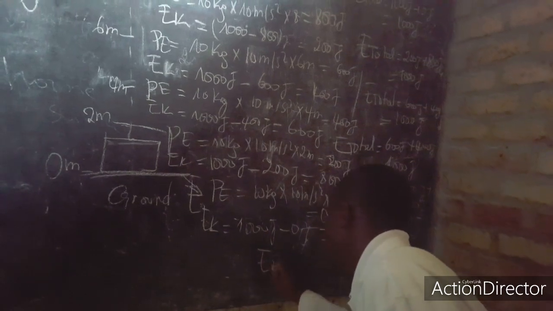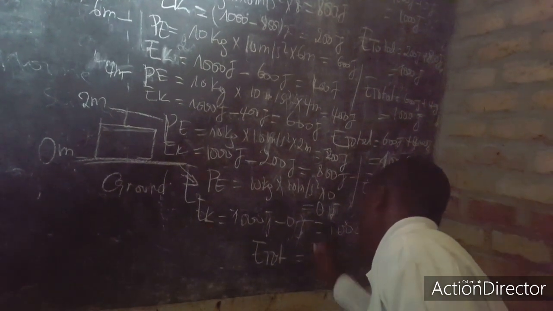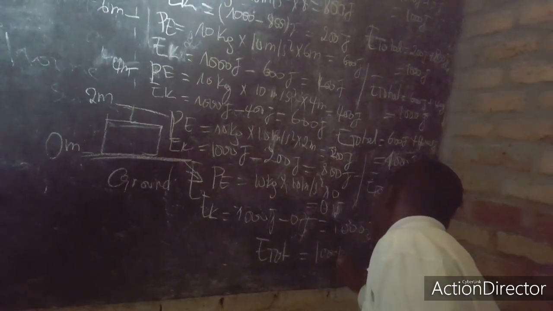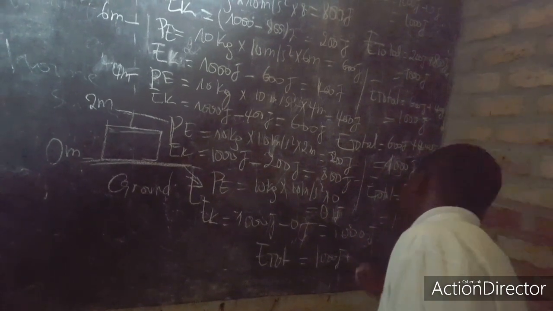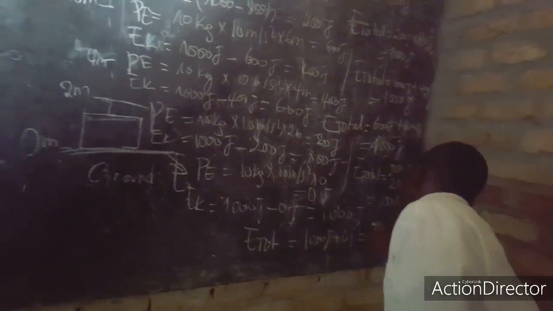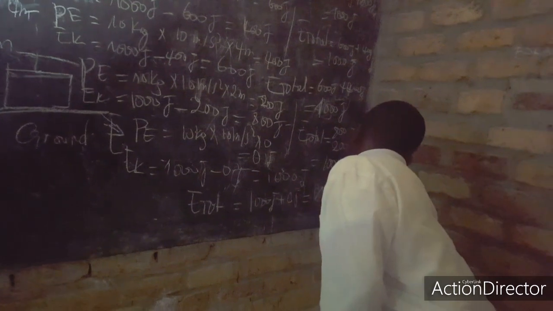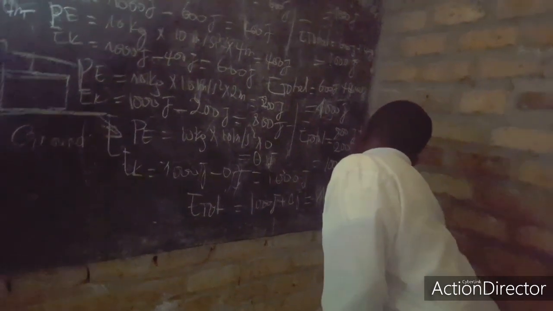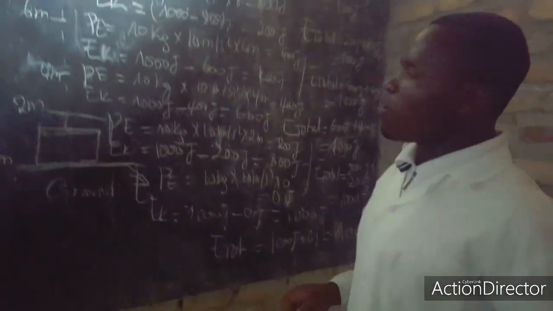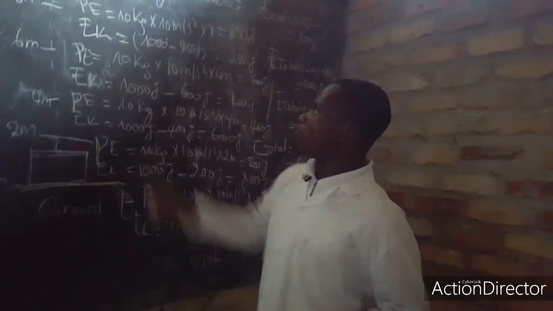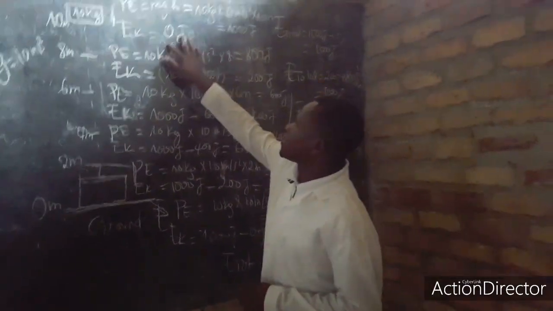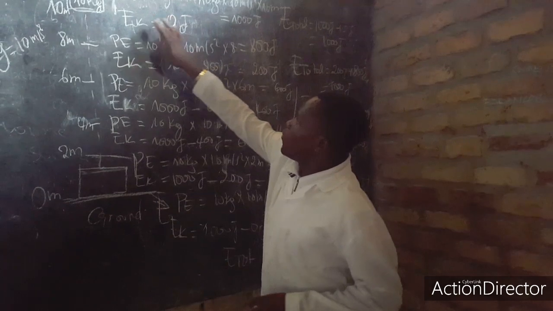So the total amount at 0 will be given by 1000 joule plus 0 joule, then we will get 1000 joule.